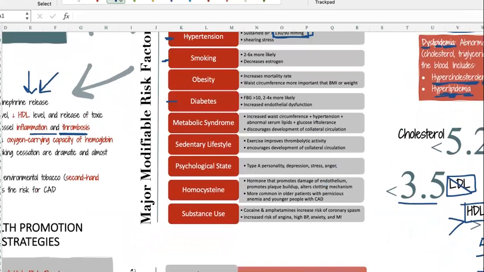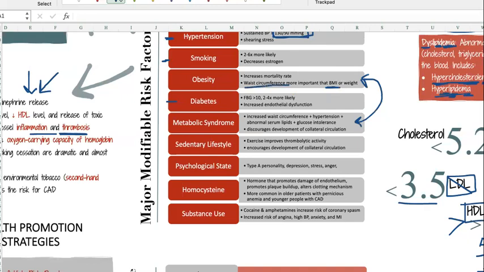And so obesity and metabolic syndrome, I'm going to talk about these at the same time. For obesity, I don't know for this exam, but make sure you know a regular BMI, which I believe is 18.5 to 23. Don't quote me on that top number. Double check it. But these are things that put you at higher risk.